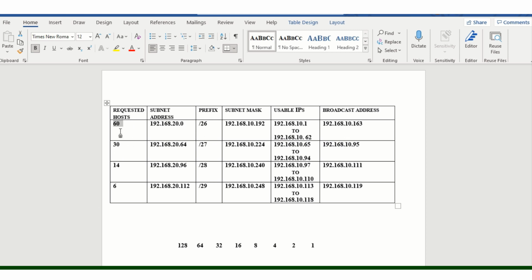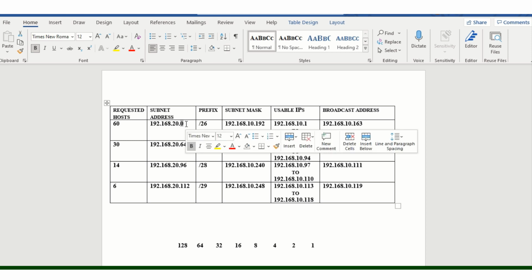Okay, the first one was the network with 60 hosts. The 60 hosts could be provided when we have 6 bits for the host portion. 2 power 6 equals 64. So 6 bits of the last 8 bits will belong to the host portion and 2 bits are added to the network.